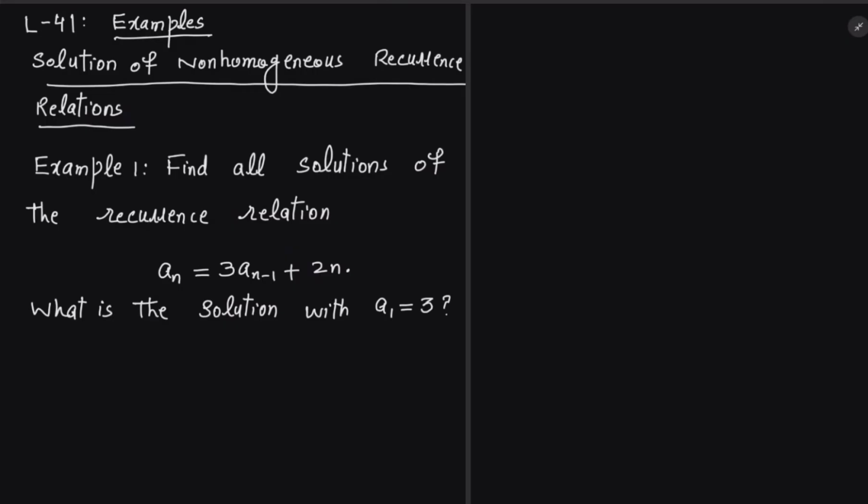And in the previous video, we saw that there are two solutions for such kind of non-homogeneous recurrence relation. One is called the homogeneous part, and another one is the non-homogeneous part.